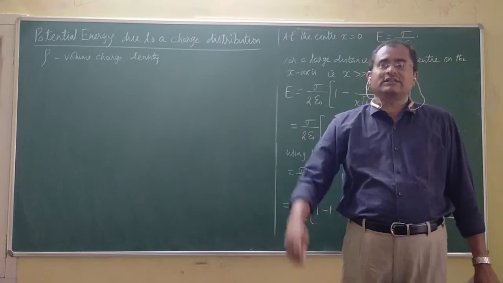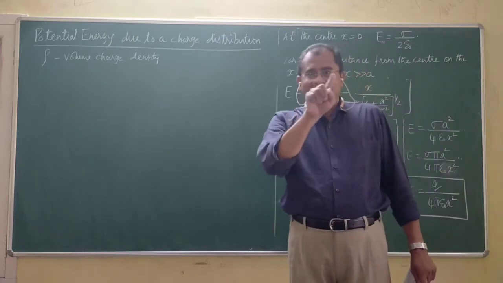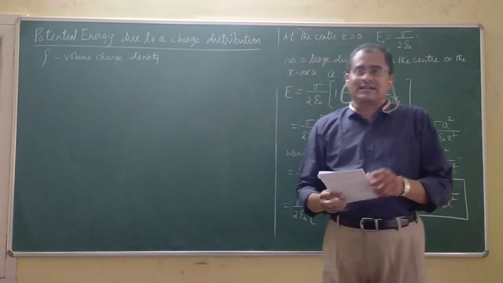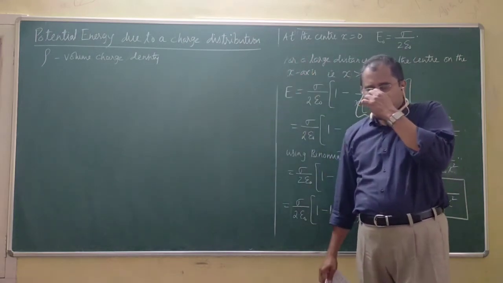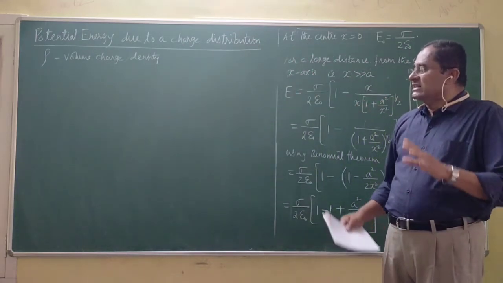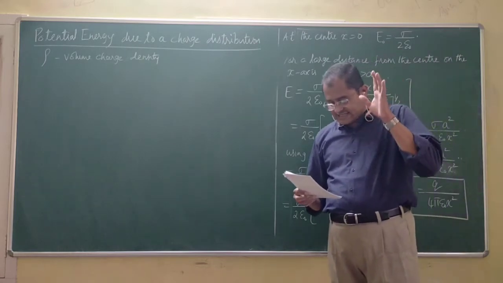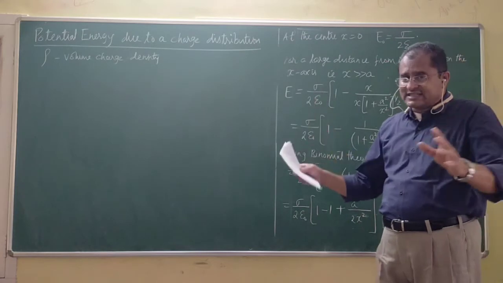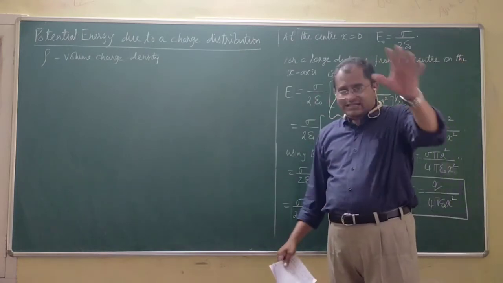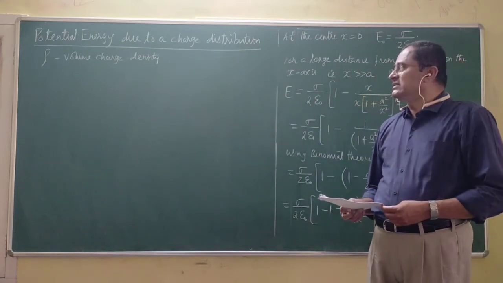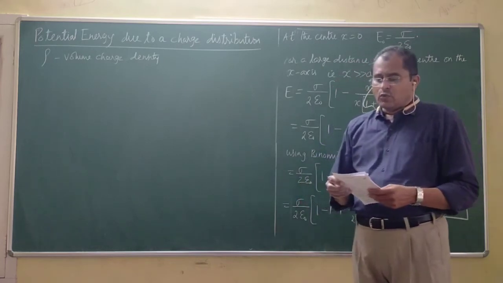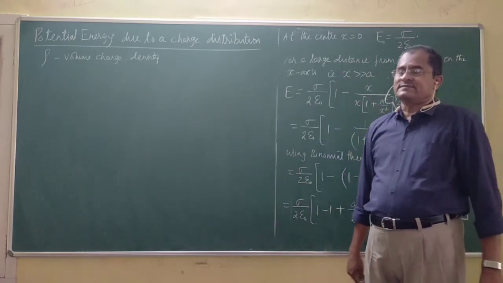Still, if it is not clear to you, rho is equal to charge upon volume. That is what I say, charge per unit volume. It is simply called volume charge density. So, we are considering a continuous charge distribution and we assume rho to be its volume charge density.